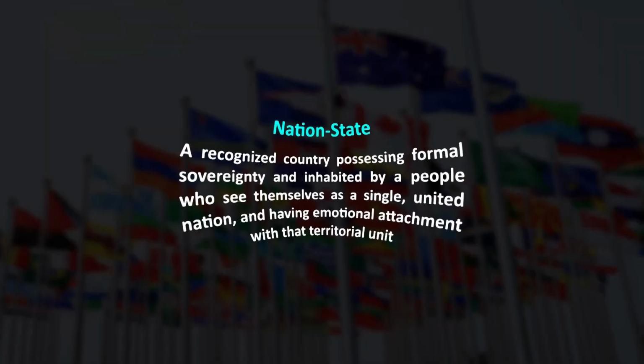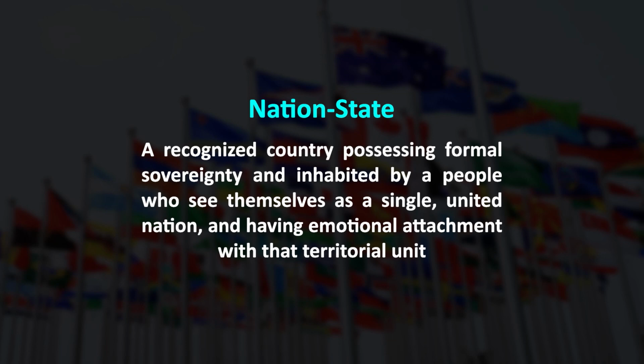When used for the formally independent political units, the terms country and state are interchangeable. Theoretically speaking, a nation state signifies a recognized country possessing formal sovereignty and inhabited by a people who see themselves as a single united nation and having emotional attachment with the territorial unit.